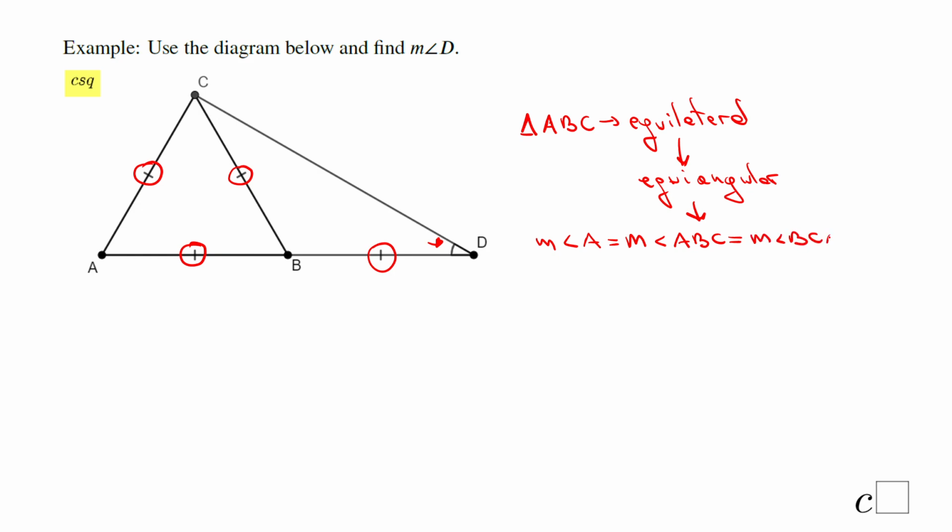All these three angles are 60 degrees. These three angles are all congruent. But the one I really care about is this one, 60 degrees, because that will allow me to find another angle.